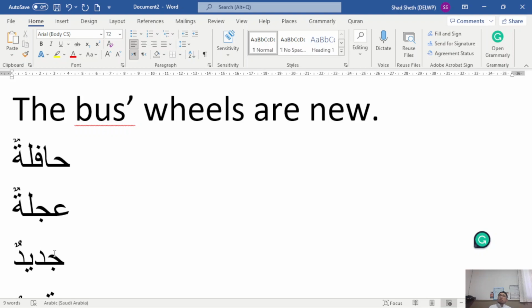The wheels of the bus are new. Not the wheels of the bus. What's the word?